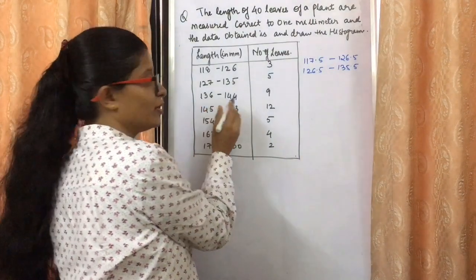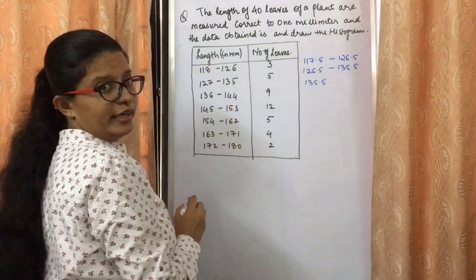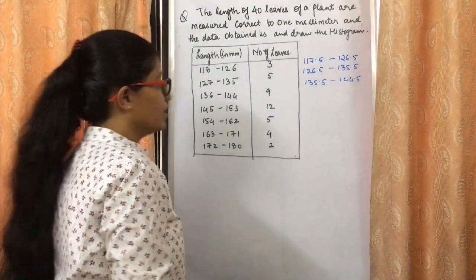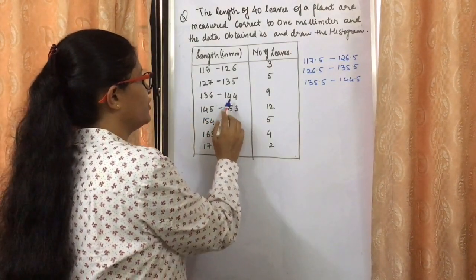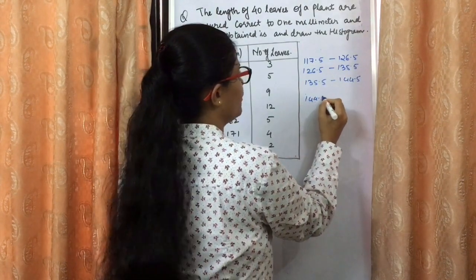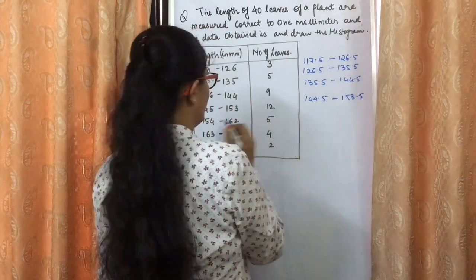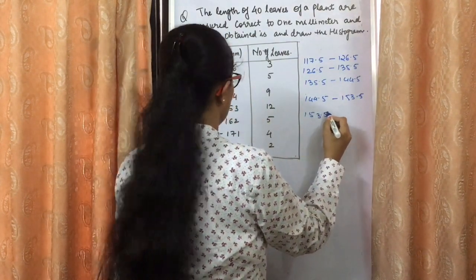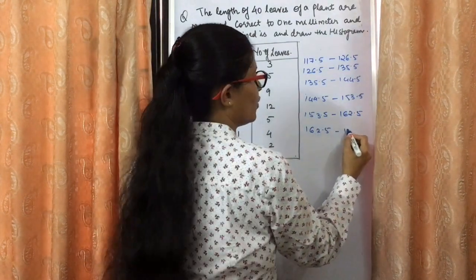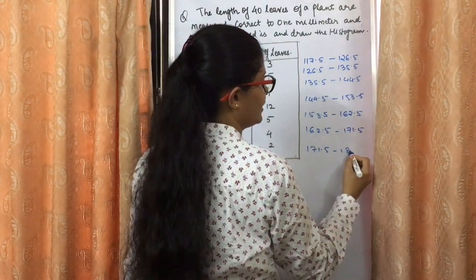Now 136 minus 0.5 is 135.5, and adding 0.5 to 144 gives 144.5. Now 145 minus 0.5 again gives 144.5 to 153.5, then 153.5 to 162.5, 162.5 to 171.5, 171.5 to 180.5.